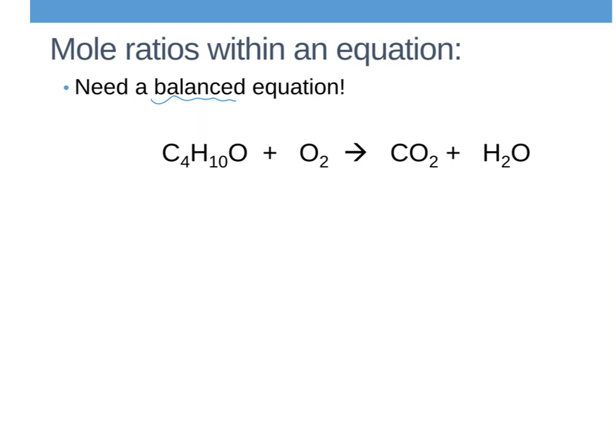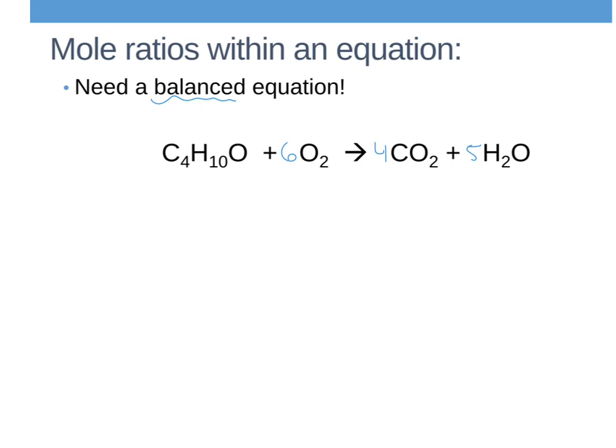So the first thing you need to do is make sure you have a balanced equation. Glancing at this one, it's not balanced. I have 4 carbons on the left and only 1 carbon on the right. Ditto, I have 10 hydrogens on the left and only 2 on the right. I'm going to put these coefficients in here for us real quick: a 4, a 5, and we've got 13, 12, 6. So those should be the coefficients.